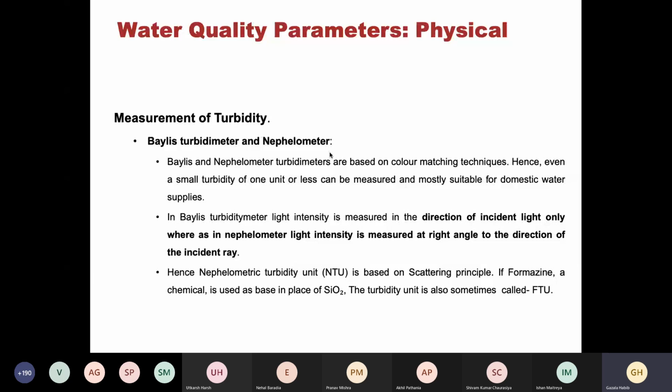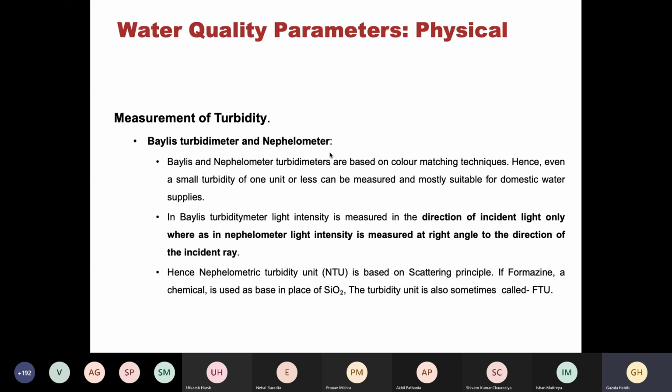Again, the graduation of the scale is based on the known concentration of salt dissolved in water. These are very simple instruments based on a known quantity of salt. The scale is graduated so that light scattered through the water column can be translated to turbidity. There is another device, the nephelometer. The basic difference between the Baylis turbidity meter and the nephelometer is that in the Baylis turbidity meter, light scattering is measured in the direction of the incident light, while in the nephelometer the scattering is measured at 90 degrees to the incident light.